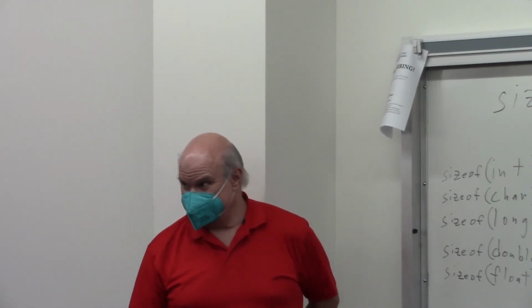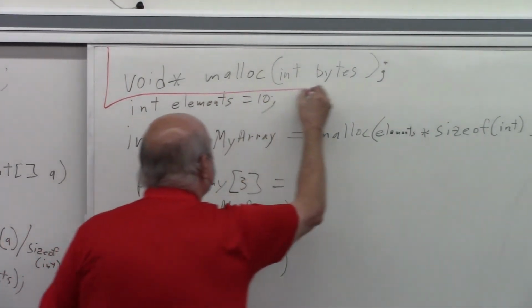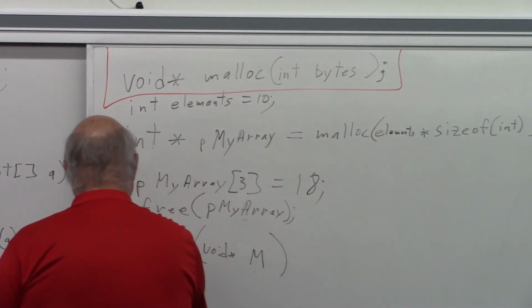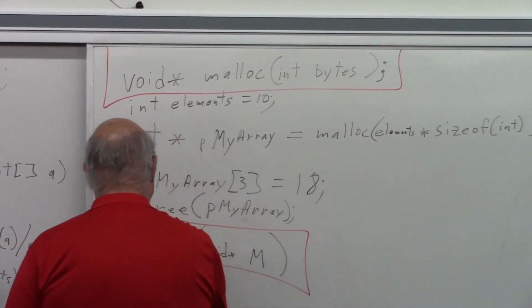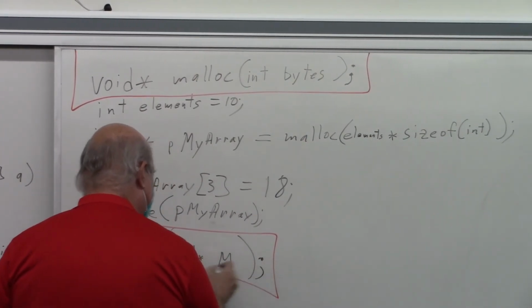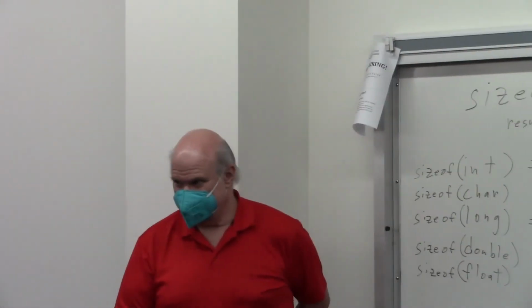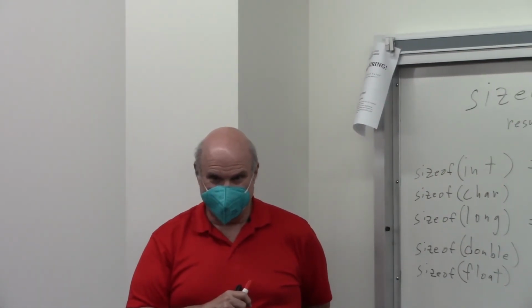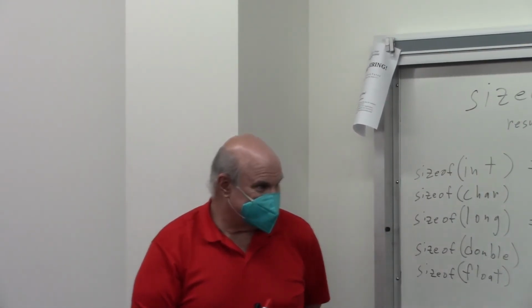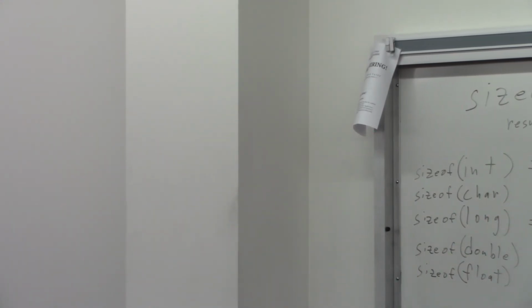What does void free do? That's the declaration. These are declarations of these functions when you import them into your program. That's a declaration. This is the use of it. Why does it say void m there instead of just a pointer?